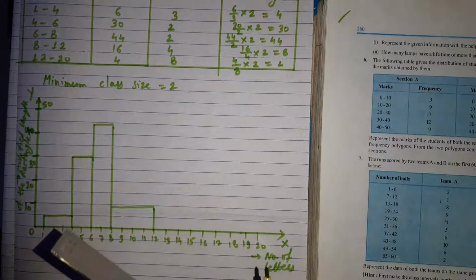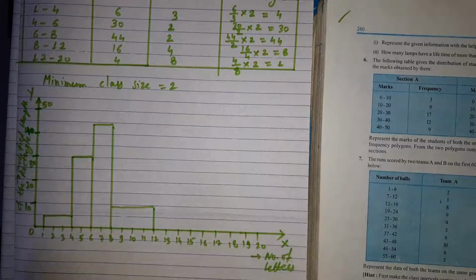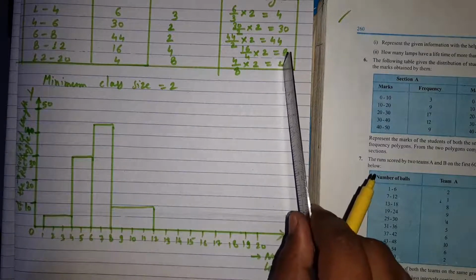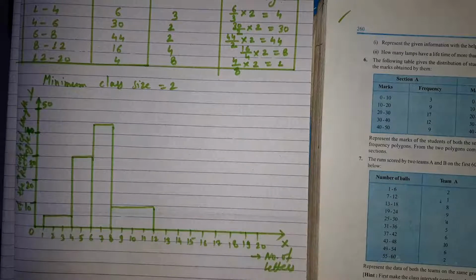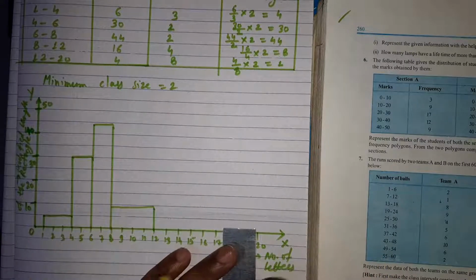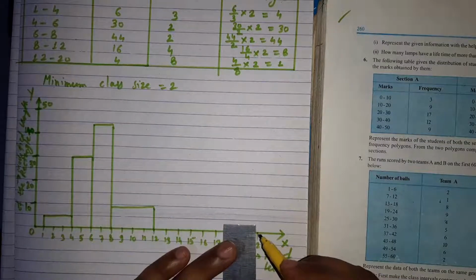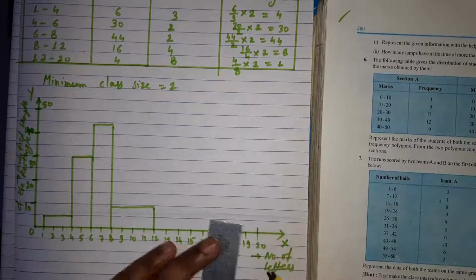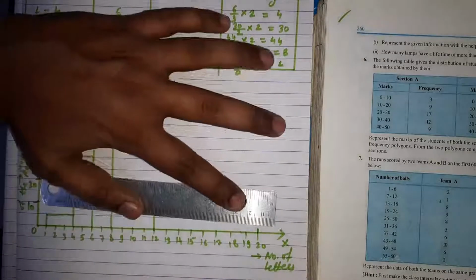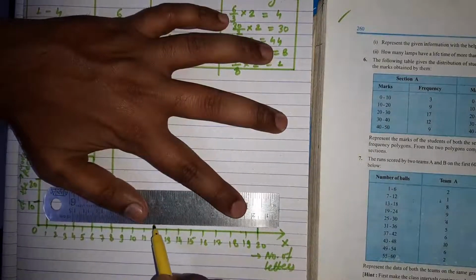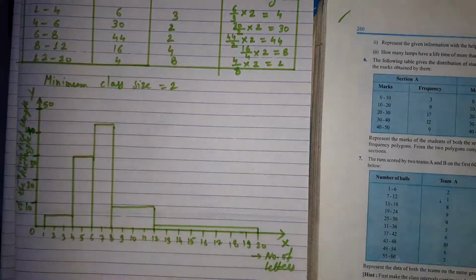And for the last class interval 12 to 20, the modified length of the rectangle is 1, so it will lie between 0 and 10, at the first line. So this is for the class interval 12 to 20.